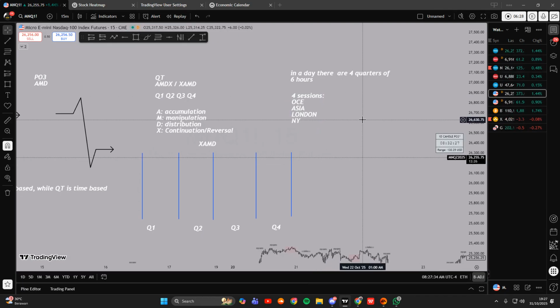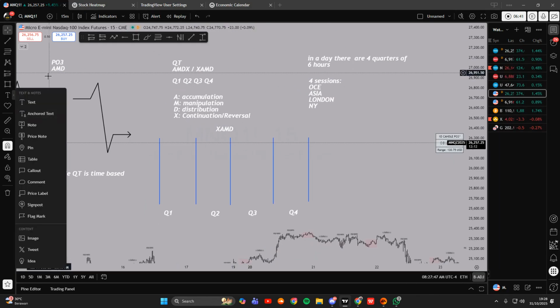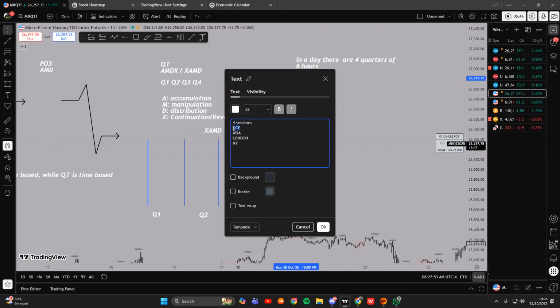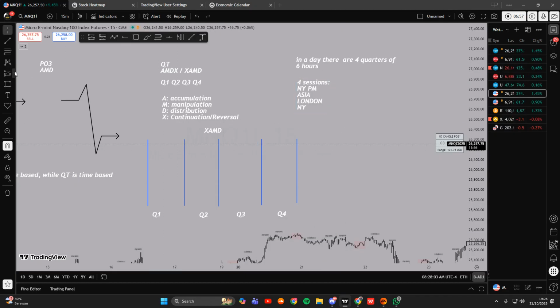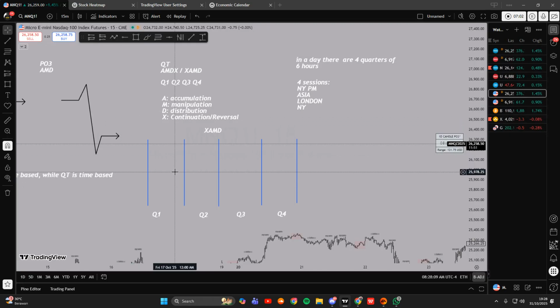So how I would base my trades or levels or bias off of quarterly theory is by looking at all of this basically. If you don't want to use the OCE session, I'm just going to explain with NYPM, that's the easiest way. So let's say NYPM consolidates, which is accumulation.